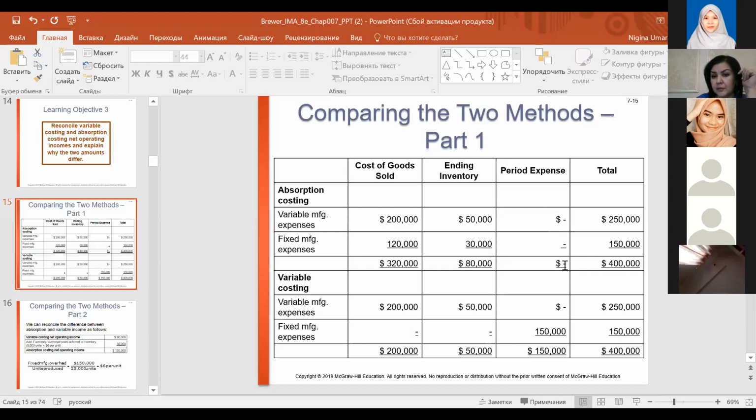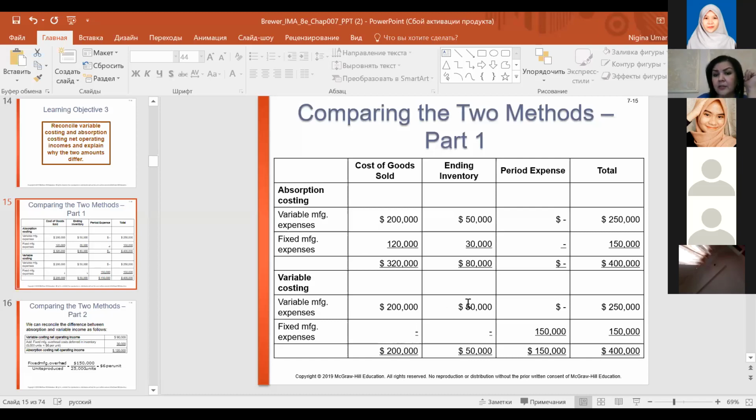Period costs. Okay, and the total, let's calculate total cost: 250, fixed manufacturing overhead 150, and the total is 400,000. On the variable costing, so what we have? The cost of goods sold 200,000. We don't include fixed manufacturing overheads.